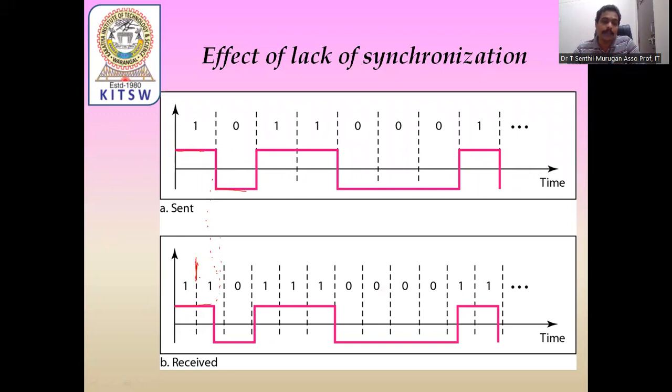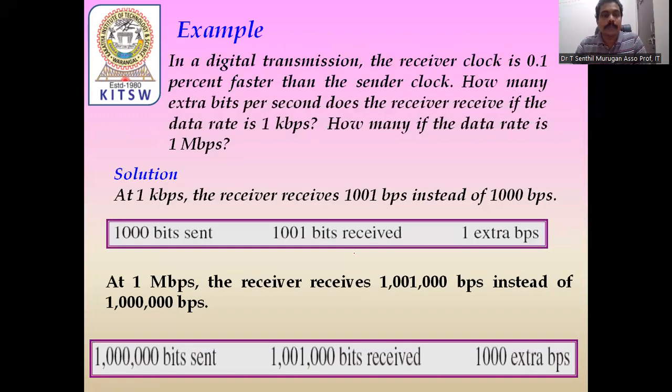What happens? Misinterpretation will occur. Here there is positive voltage, here negative voltage, but here this one may be converting from positive to negative, then zero, and some misinterpretation will occur on the receiver side. So for that we need this synchronization.